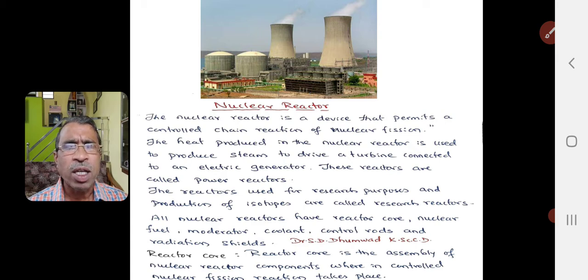The other is the research reactor, which is used for the production of isotopes and for research. In India, all the research reactors are situated in the Bhabha Atomic Research Centre, known as BARC, in Mumbai. And we have many power reactors in India that we will learn about subsequently in this class.